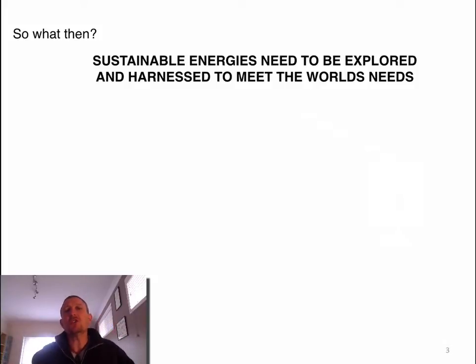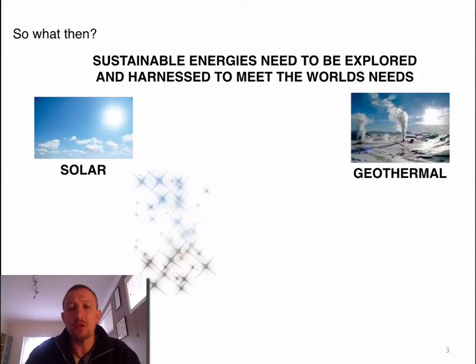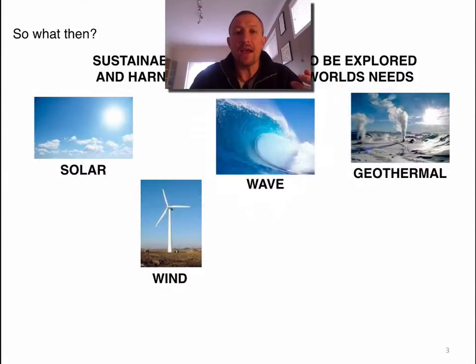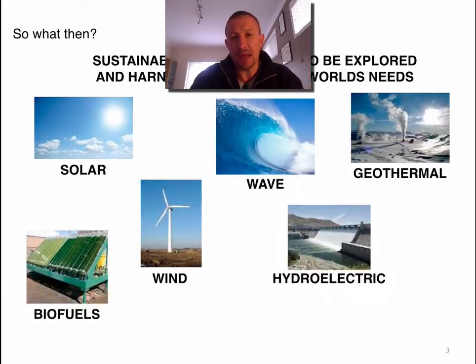Now, we've got huge amounts of energy all around us. Our problem is, how do we harness it and convert it into the electricity that we need? So the types of sustainable energies which we've got around the planet are things like solar energy, geothermal, wind, waves, biofuels, and hydroelectric power. Now, places like New Zealand are already running on hydroelectric power.